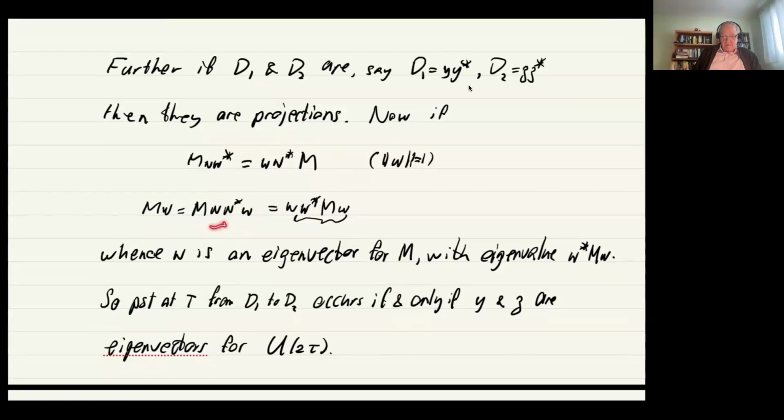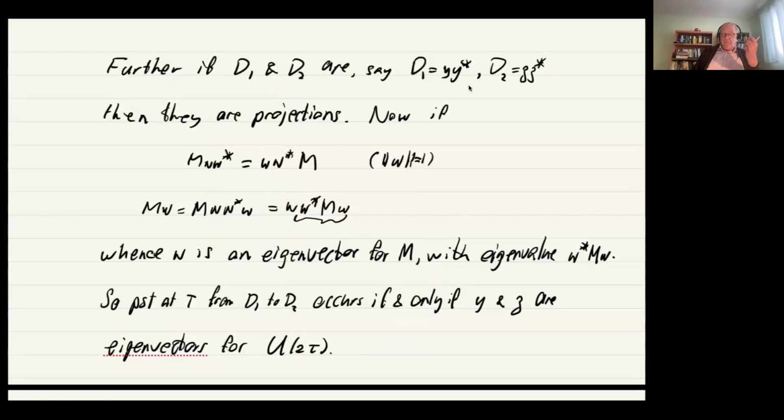I can bring the M into here by the commuting condition. And so now I've got that M applied to W is W times this, but this is just a scalar. And so that tells you that W is an eigenvector.